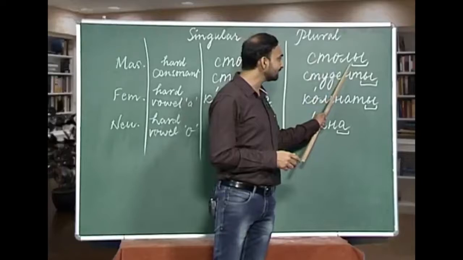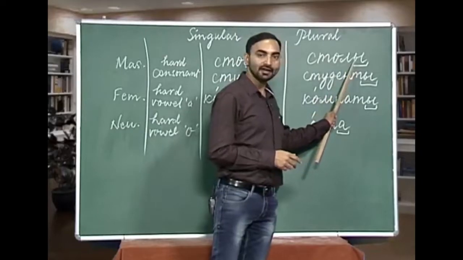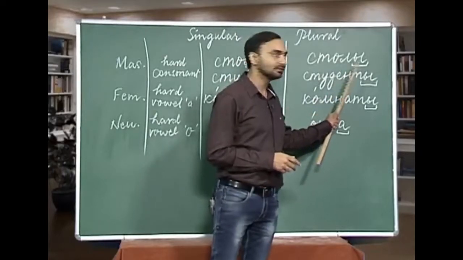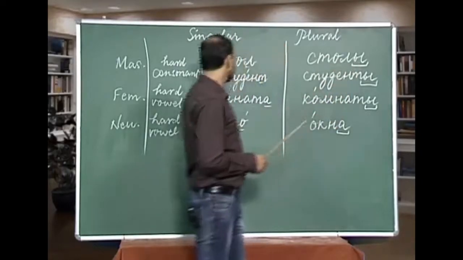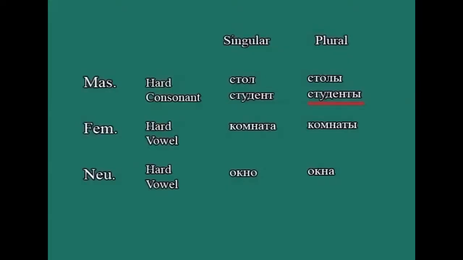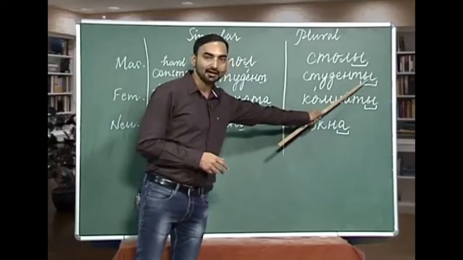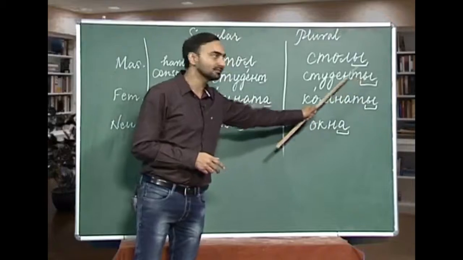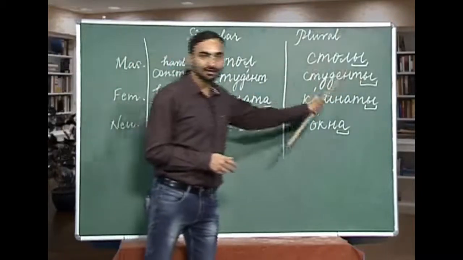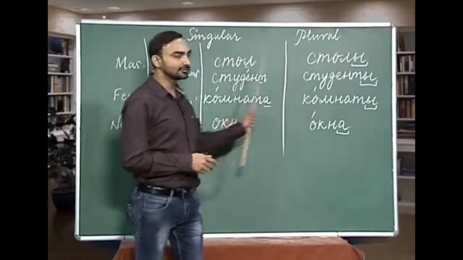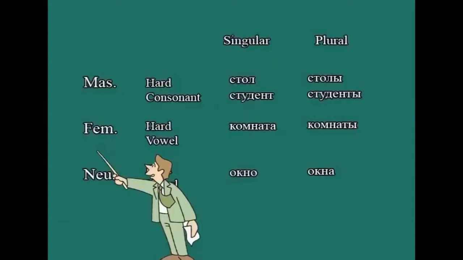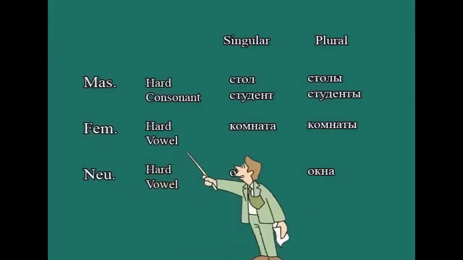So, what we have done is we have added one extra hard vowel ы. The same way, the plural of студент will be студенты. Again, we have added a hard vowel ы. Стол, столы, студент, студенты.